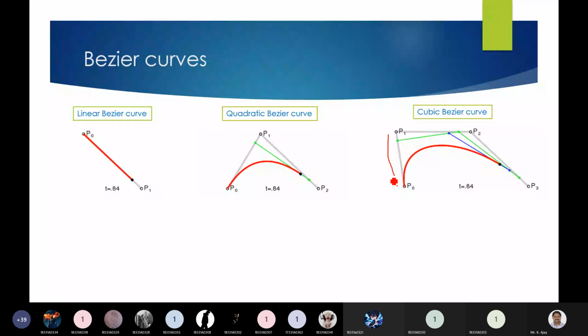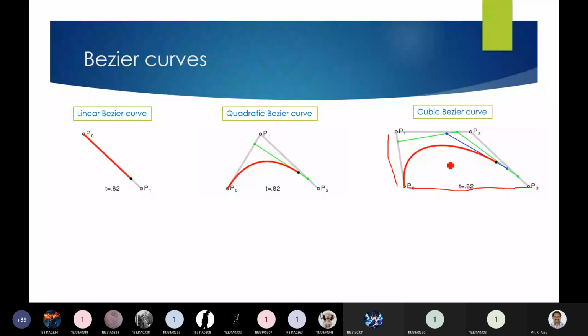And by imagining another straight line connecting from P0 to P3, you can imagine P0, P1, P2, P3 as a polygon, right? And that polygon is called a Bezier polygon. That imaginary polygon, which comes by joining all the control points, is called a Bezier polygon.